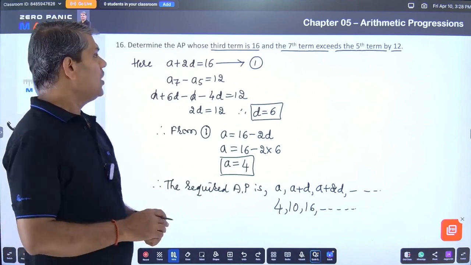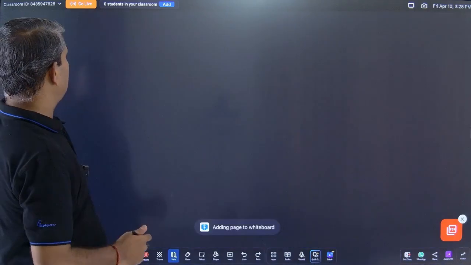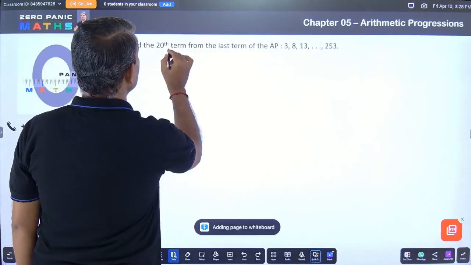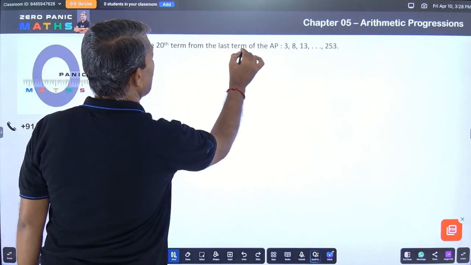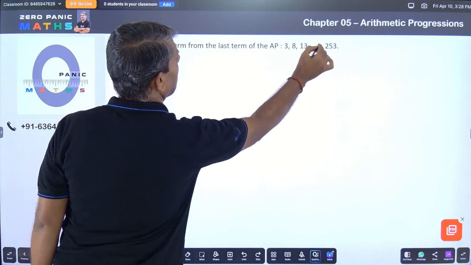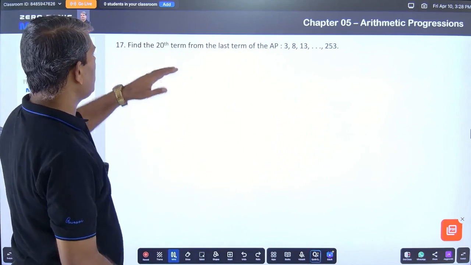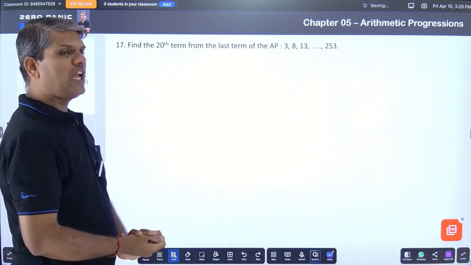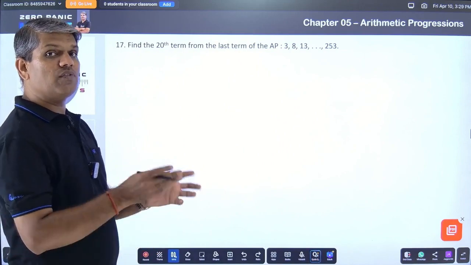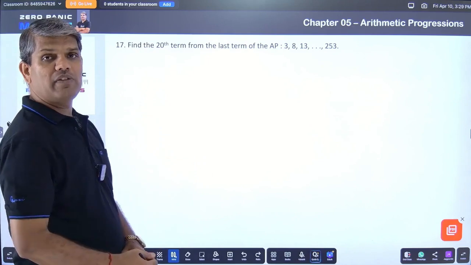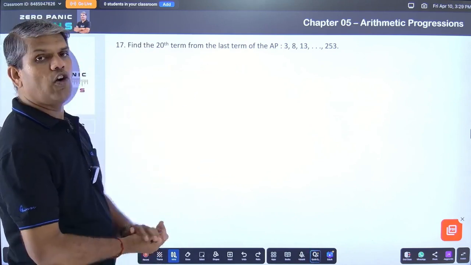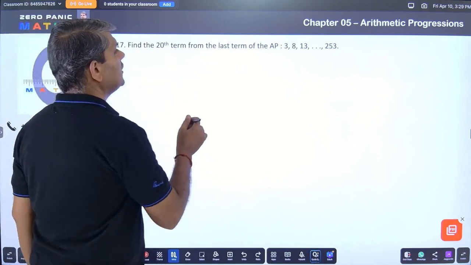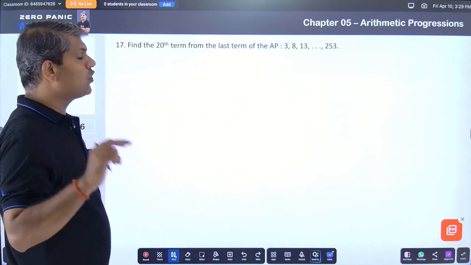Let us continue with the next problem. Find the 20th term from the last term of the given AP. We have seen one such problem in the previous session, and there were two solutions to it, if you remember.